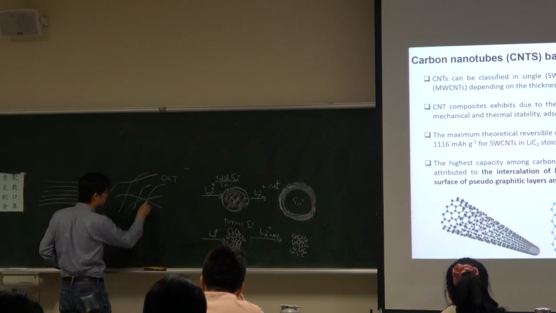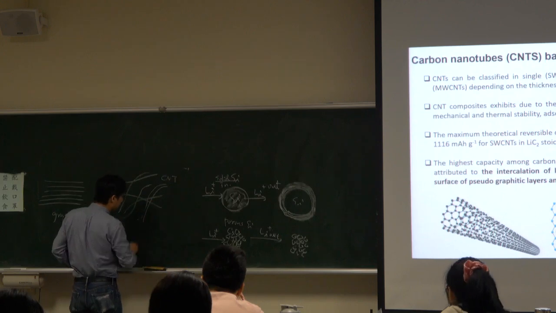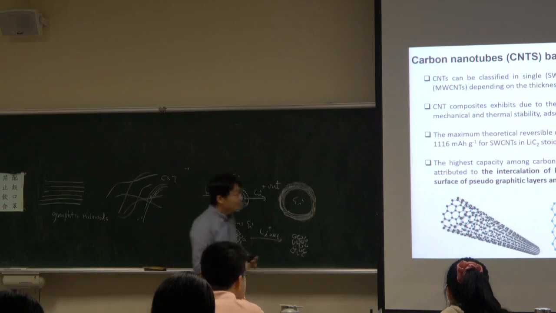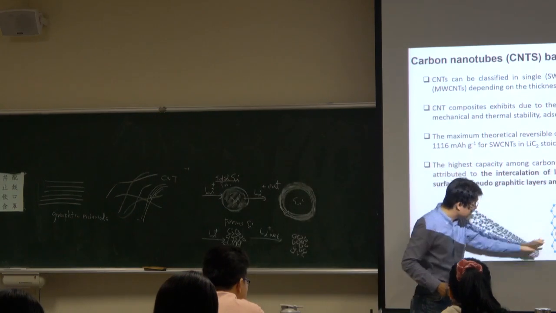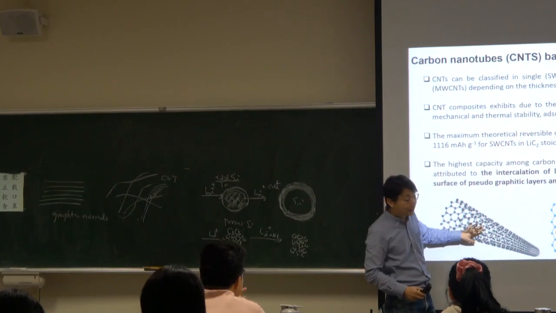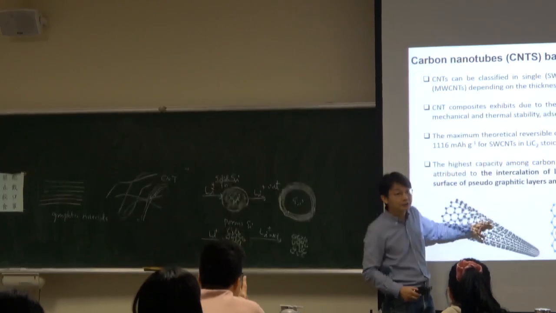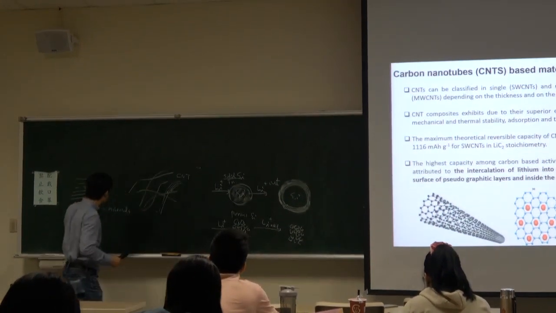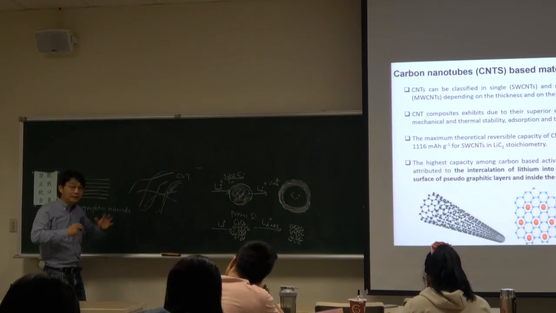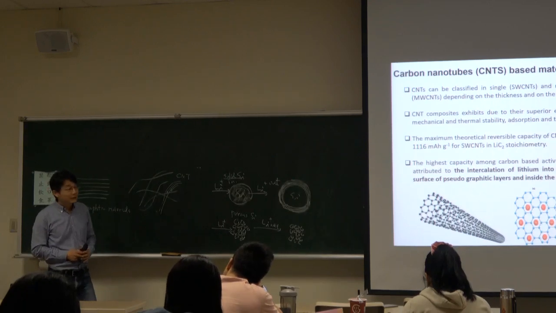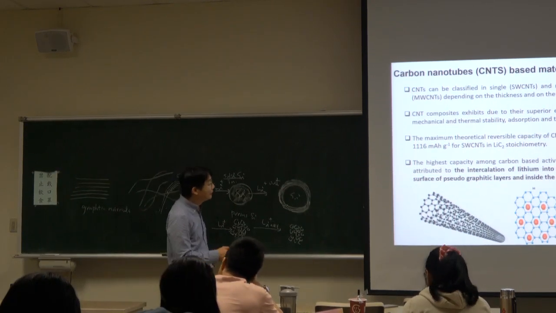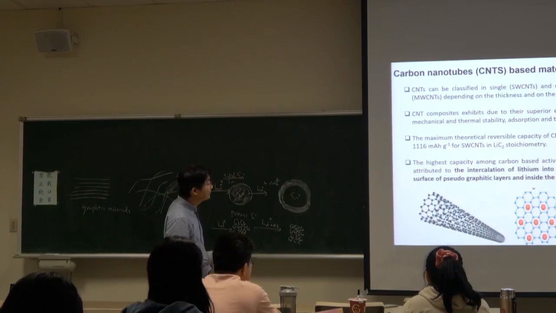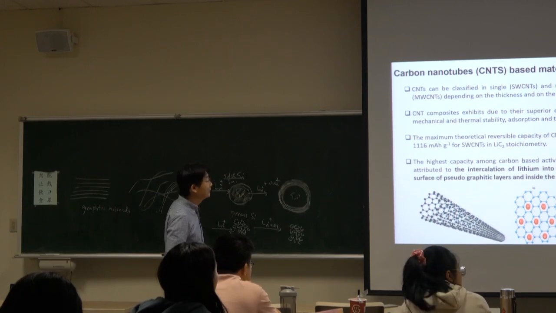You can see there's a surface inside and outside. So there's a high surface to volume ratio. Therefore, compared to traditional graphite, CNT can accommodate more lithium. That's why the CNT reversible specific capacity reaches over 1,000.